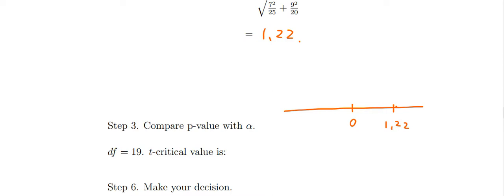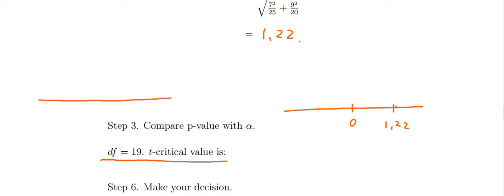We want to determine whether 1.22 is a big number or a small number, whether the distance to 0 is close or not so close. So how can we judge this? We can find the critical value.